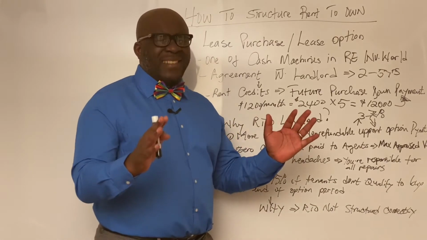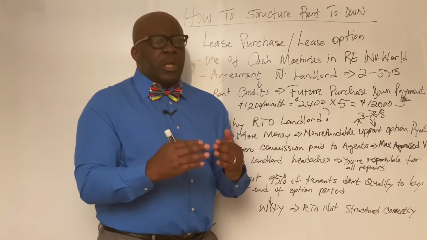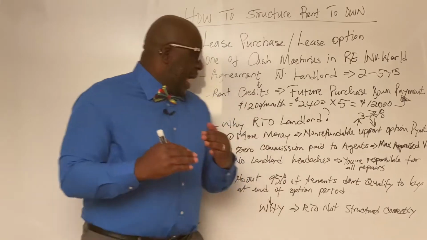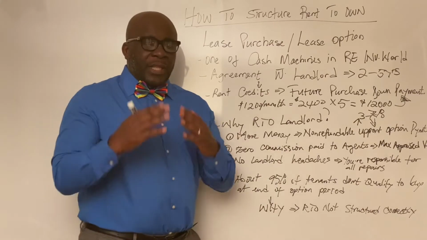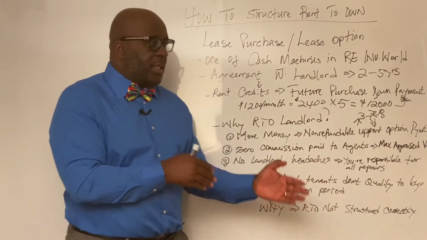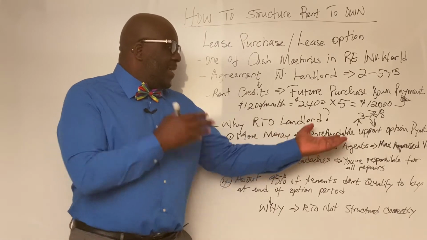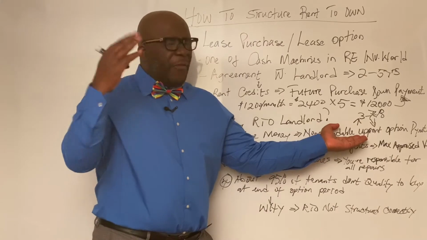If you look at a traditional rent situation, what happens? You give the owner a security deposit, and at the end of the lease, the owner has to give back that security deposit to the renter. But in a rent to own, the landlord gets to keep that upfront money, non-refundable.